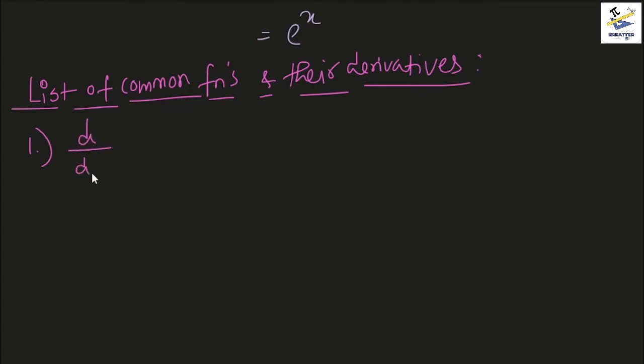Derivative is usually written as d dx, where x is the derivative variable, and in brackets we write the function which we are differentiating. So this is the format that I am also going to use.